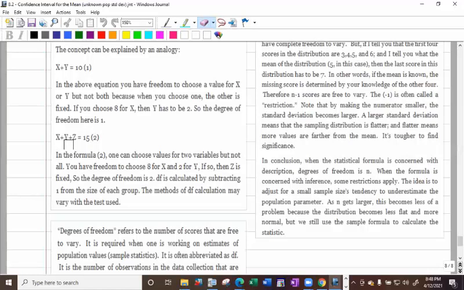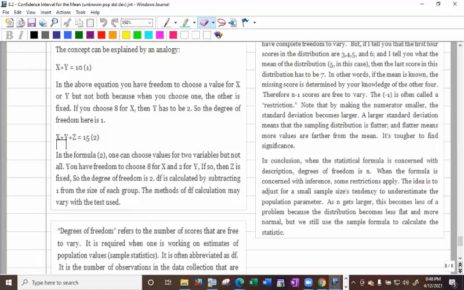Well, if x plus y plus z equals 15, I can't choose for z. I have to calculate what z has to be, because it can't be just chosen if x and y are already chosen. So 6 plus 2 is 8. That means z has to be 7, which makes it 15. So in this case, there were 3 variables, but 2 degrees of freedom, because you had the freedom to choose 2, basically.